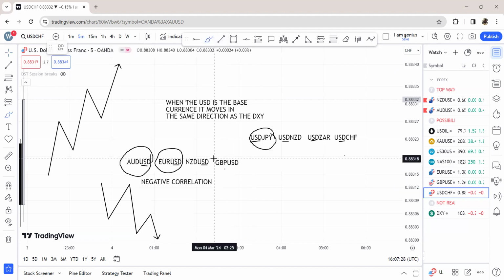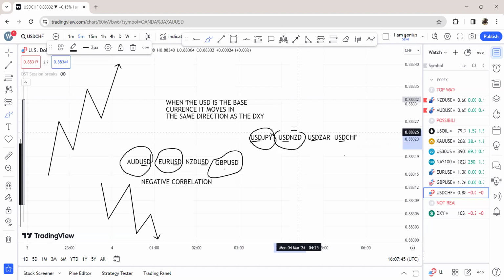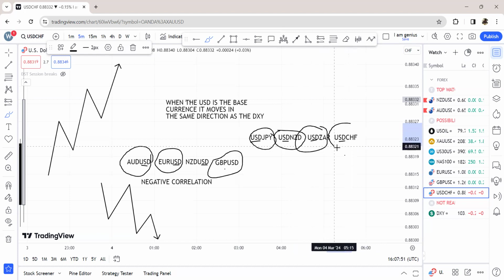So, what would be the relationship between any of these with these currencies on top? You notice that if we've said these always move in the same direction as the DXY, that means if the DXY is moving up, all these pairs I've written down here are supposed to be moving up as well. But then, if these ones will be moving up, it means everything here is going to be moving down.